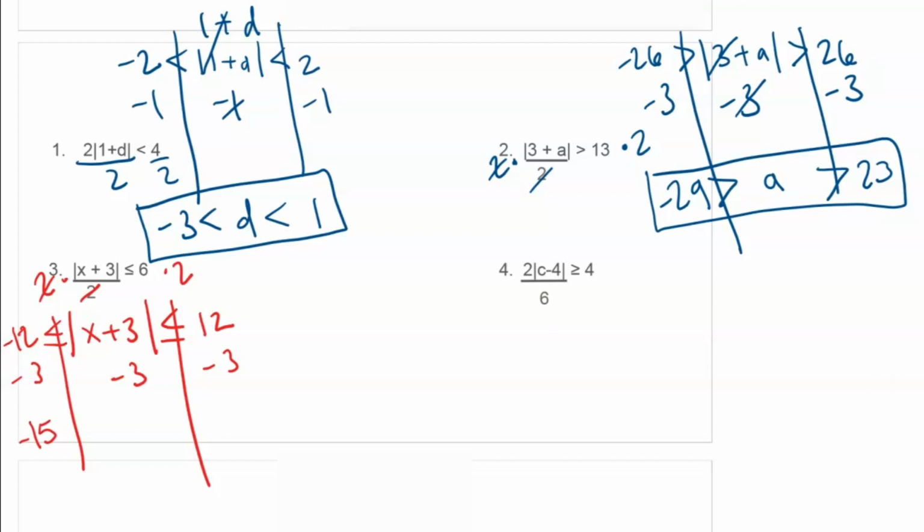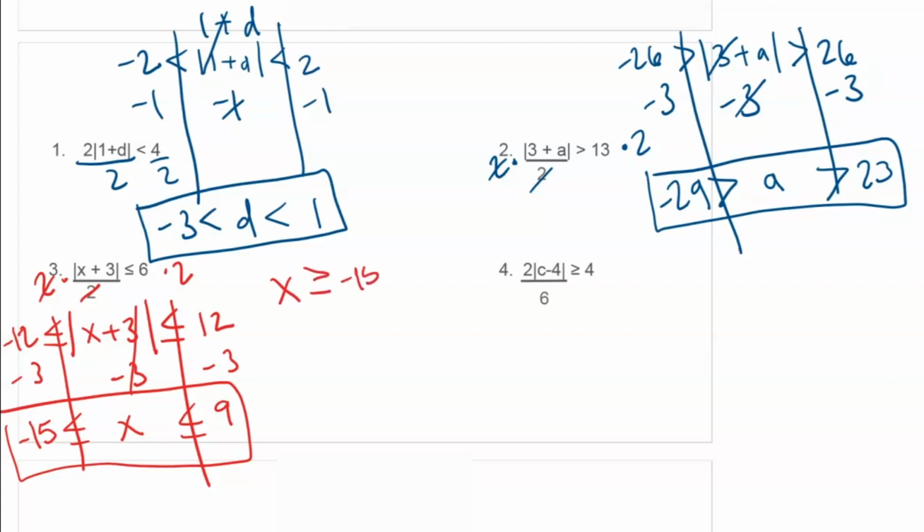I'll bring down that sign, less than or equal to, and then we have x in the middle. Bring down the sign, and 12 minus 3 is 9. So there is my answer there. So I've been writing these all together, but you could write them separate. Like you could say x is greater than or equal to negative 15, and x is less than or equal to 9.